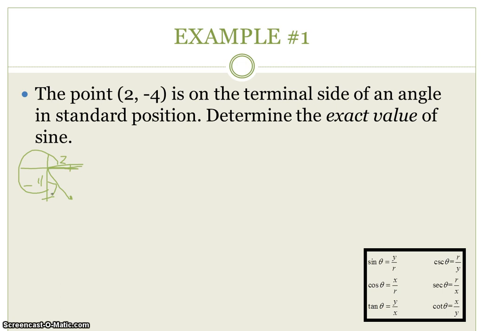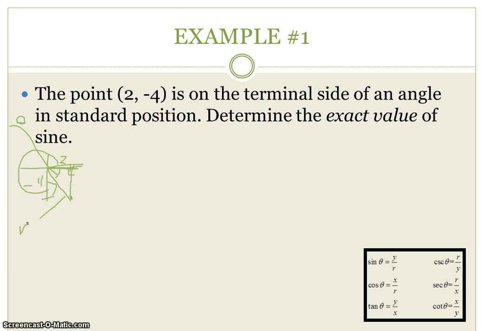So that's the angle. We're always going to draw a perpendicular to the x-axis, and we're going to look at this right triangle here. I'm going to call this angle right here in standard position my angle theta. The hypotenuse is what we're going to call r.